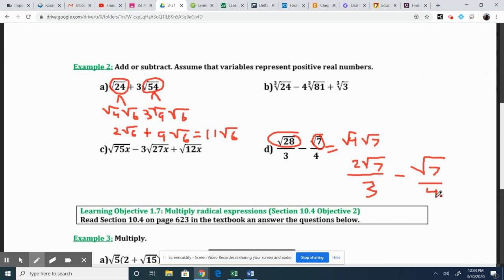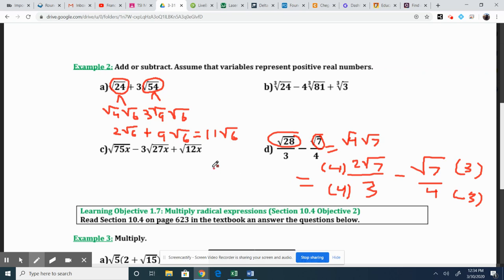Now what's going to happen here is that since there are fractions, we need to have the denominators be the same. So we're actually going to multiply 3, sorry, not 3. We're going to multiply 4 over here and 3 up here.